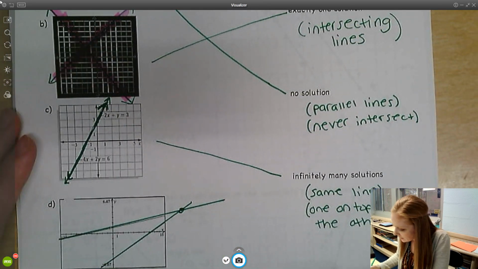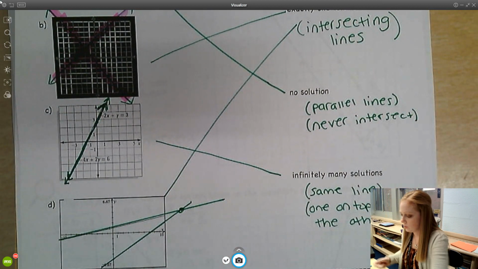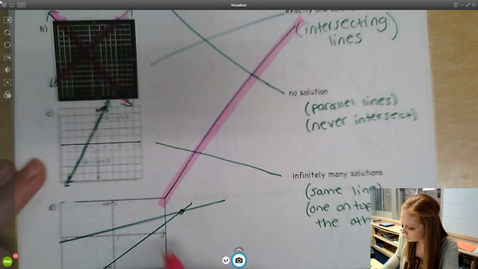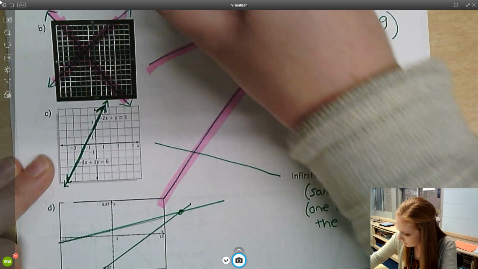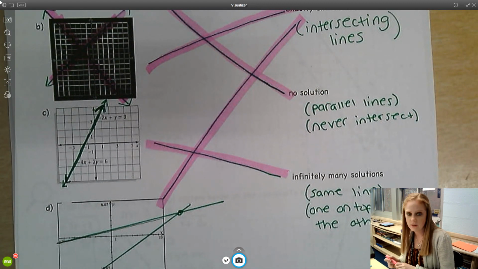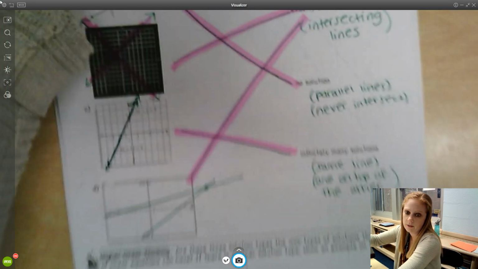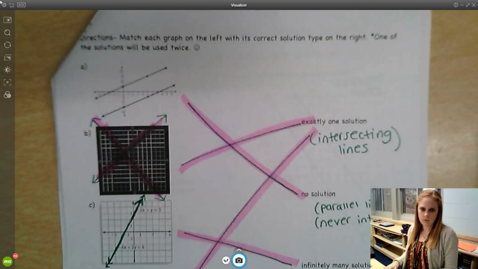So because of that, it's one solution. So I'm just going to go over these because the lines are getting a little confusing. One solution. This one was also one solution. The parallel lines were no solution. And the lines on top of each other were infinitely many solutions. Okay. Make sure you can see all that.